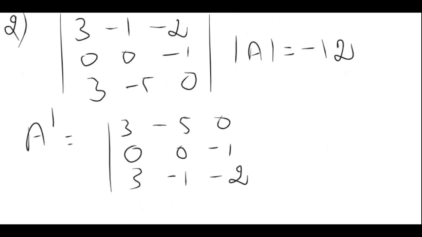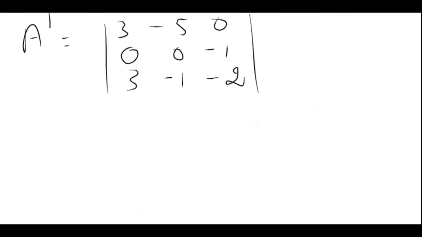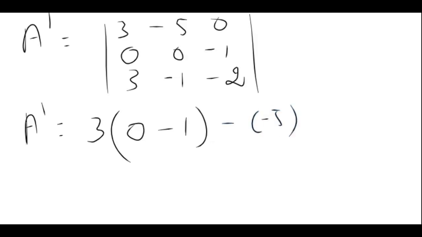Now let us find out the value of the determinant A dash. So A dash is equal to 3 into (0 minus 2 is 0, minus 1 into minus 1 is plus 1), so that will give you minus 1 again, minus 5 into (0 minus 3), minus of minus 3 will give you a plus 3, plus 0.